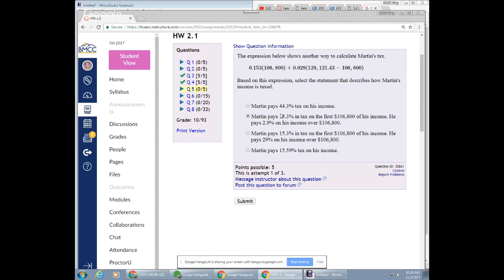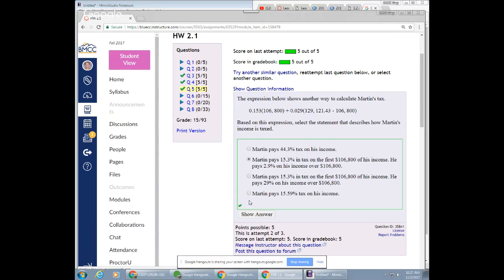Yeah, so it's this one up here. And this one says he pays 15.59. I think they probably added those two together. That's not true. That doesn't work either. Yeah, it's this second one for me. So he's paying 15% on the first 106,000, and anything over that he only pays 2.9%. Okay, submit. Ooh, I got it right.